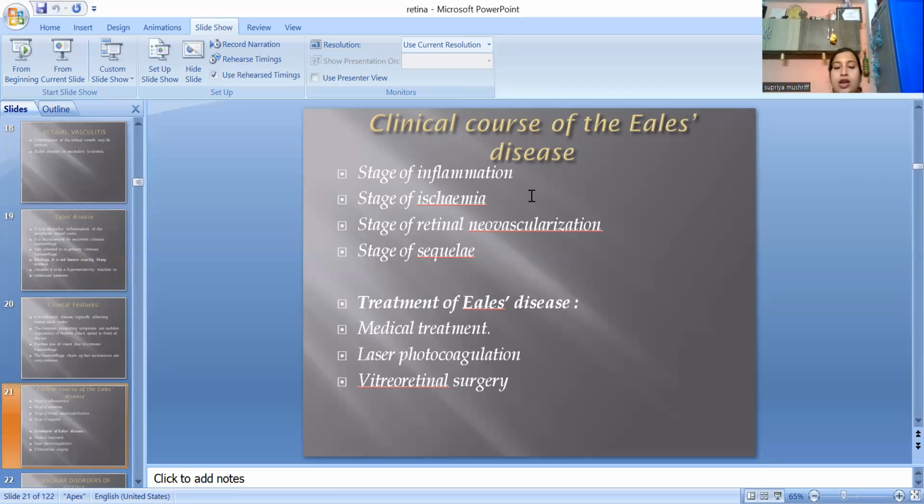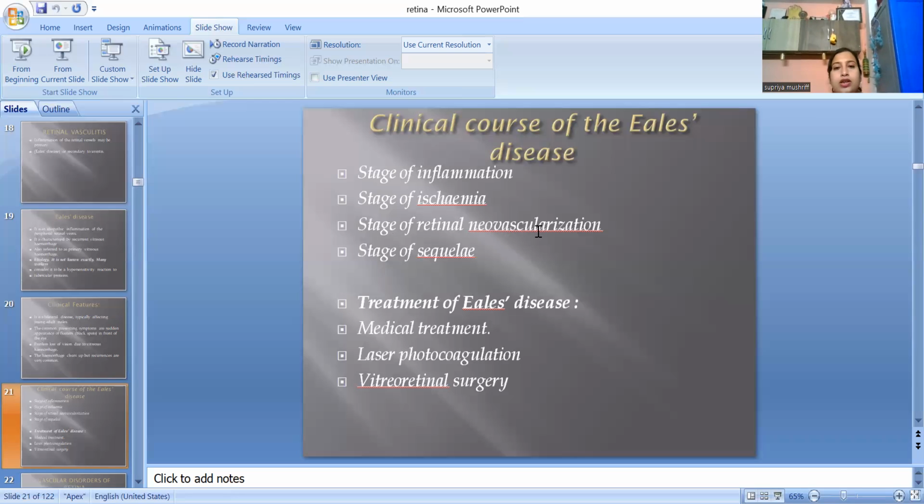And if you see ischemia, to prevent the secretion of VEGF and to stop the progression of Eales disease to the third stage, that is retinal neovascularization, you should manage this stage of ischemia with laser photocoagulation. The stage of ischemia is always treated with laser photocoagulation to prevent VEGF secretion.